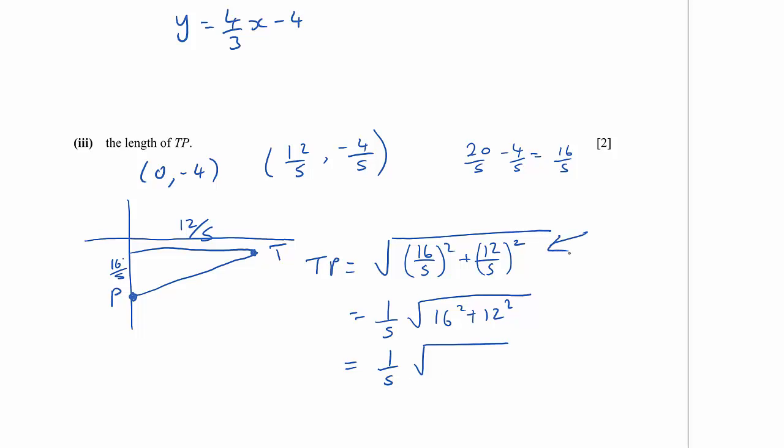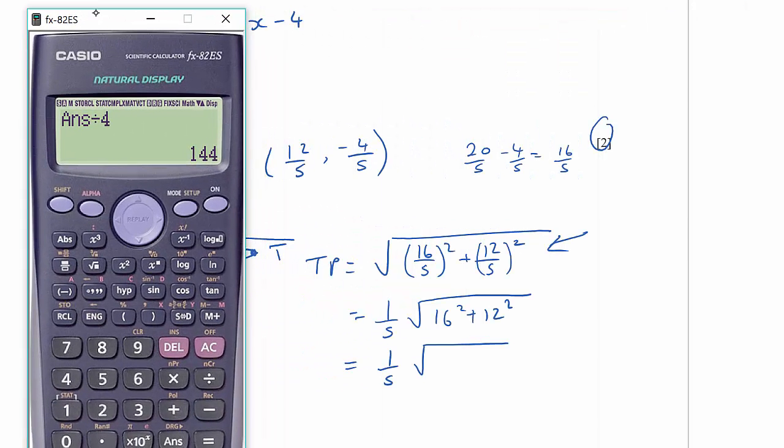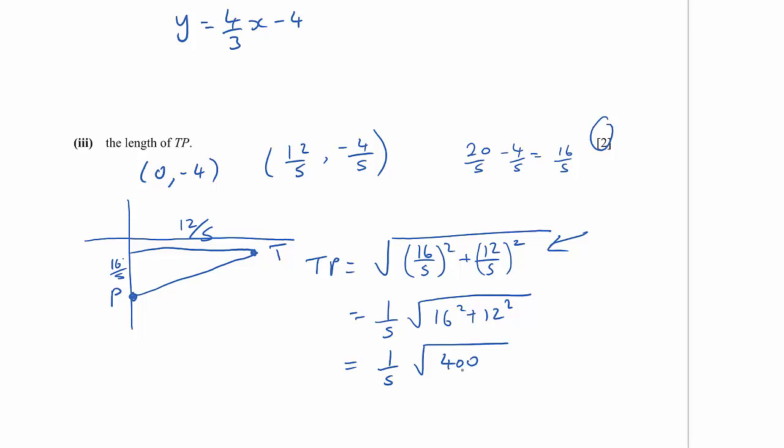I'm not saying you can't just give a calculator answer here. I think you probably can. It's only 2 marks. I don't think you need to do too much. So 12 squared we've already got in there. Let's just add 16 squared. It's 400. Actually, it does come to a nice calculator answer because the square root of 400 is, of course, 20. 20 divided by 5 is 4.